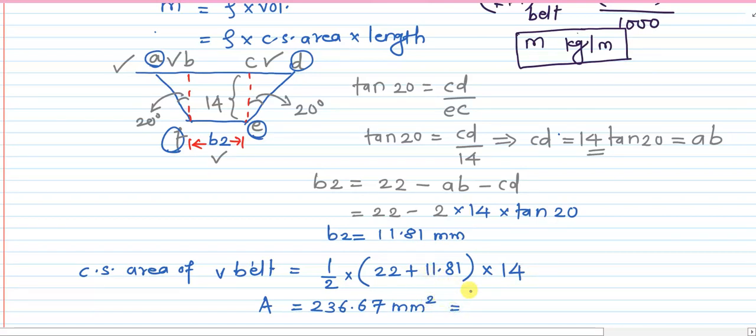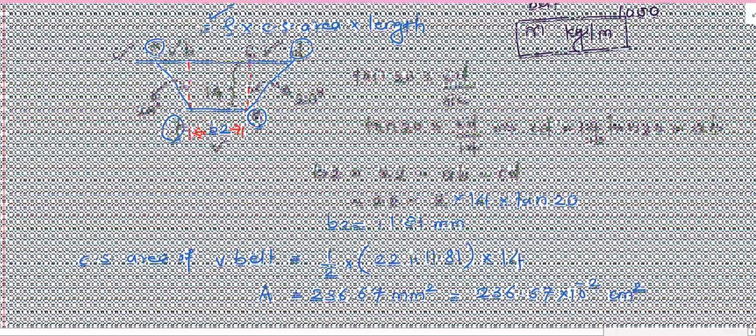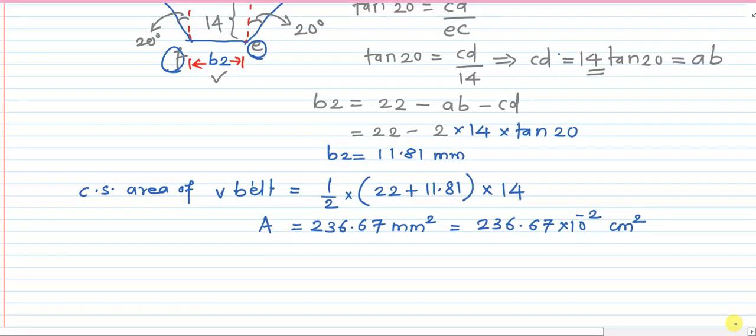Because density has been given in gram per cc, we need this area in centimeter square, so that gives us 236.67 into 10 raised to minus 2 centimeter square.